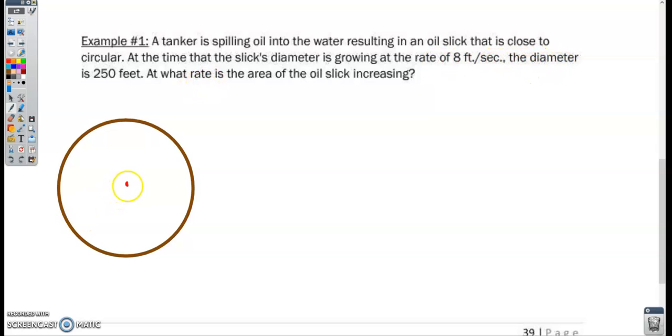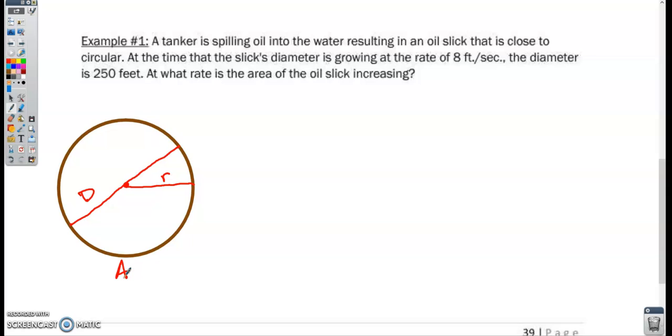So I'm going to label the diameter of this in here, and I'm going to use capital D to represent the diameter. Something that we use a lot with circles, we might also talk about the radius. And of course, the area of the whole thing is A, my area.